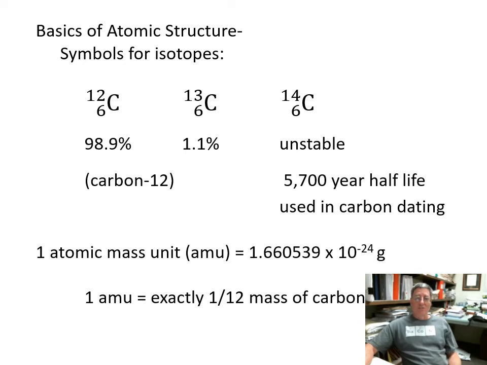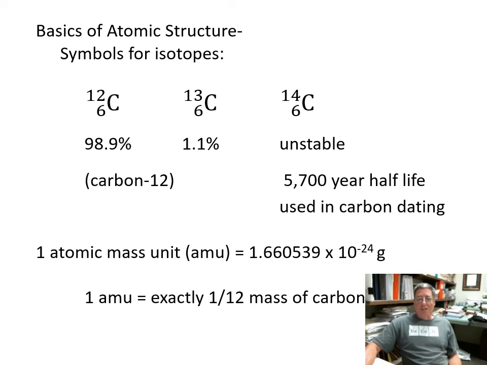And since organisms take up carbon when they're alive and stop taking up carbon when they're dead, we can use that radioactivity to figure out how old something is. So the half-life, that means the time for half of it to decay, and we'll do that in the second semester when we do kinetics, for carbon-14 is 5,700 years. And so you can use carbon dating to determine how old something is, if it's got carbon in it.